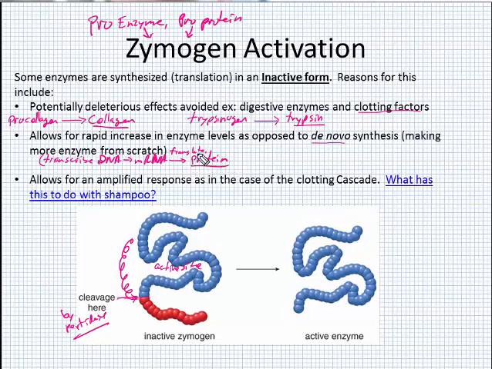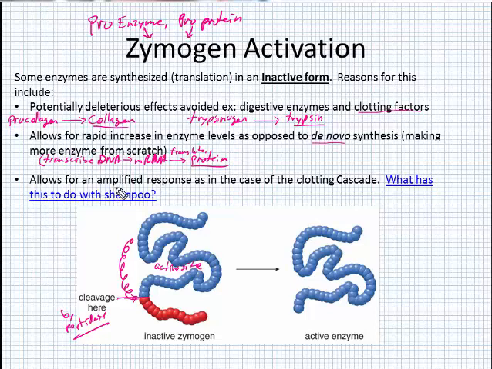Right? That doesn't happen as quickly as it would to just cut off one bond here, one peptide bond, and all of a sudden get an active enzyme. So you can have a pool of inactive enzyme, and all you need to do is lop off this pro sequence, and all of a sudden it's active. So it's a way of making a lot of active enzyme quickly.